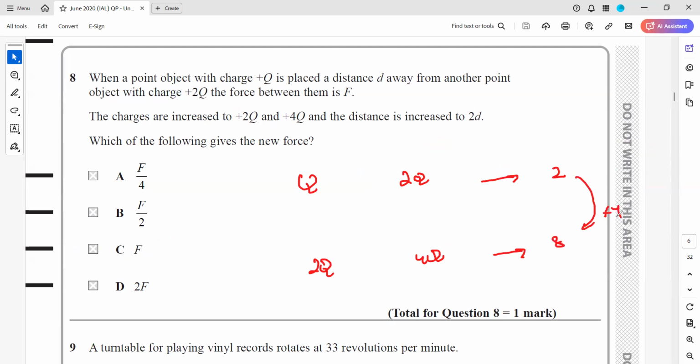So this is increased by 4. And what about the distance? Here the distance was d and here it is 2d. Because the distance is doubled, the force is reduced by 4. So due to the product of the charges increasing by 4 and doubling the distance reducing by 4, what will happen to F? It will be unchanged.